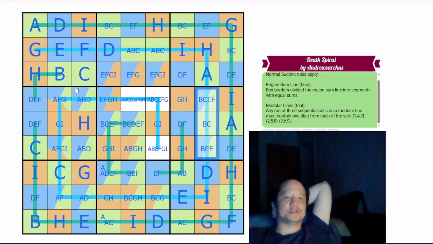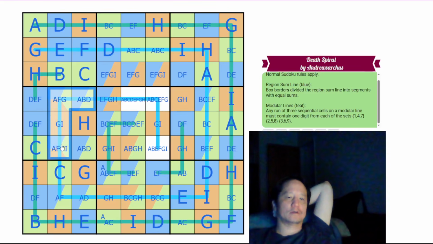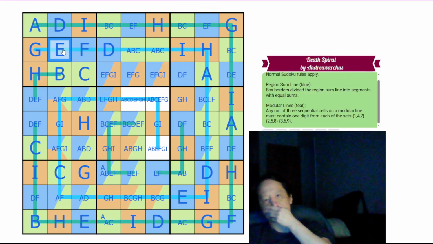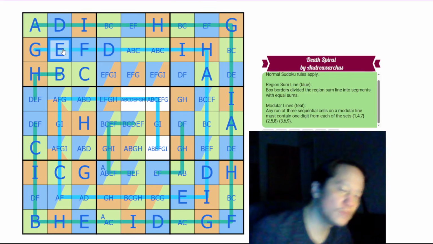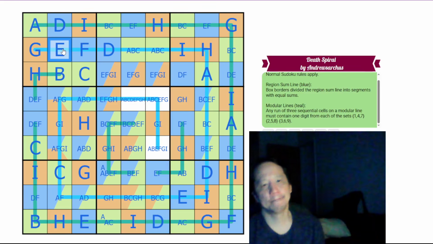So if this is F and G, that means whatever these digits are, this is DE as a pair. This would be A or B with I. A, B, and I would have to add up to E. Okay.